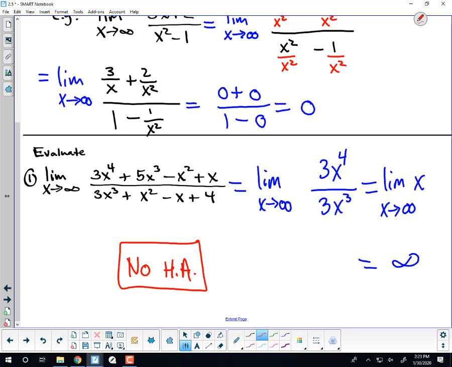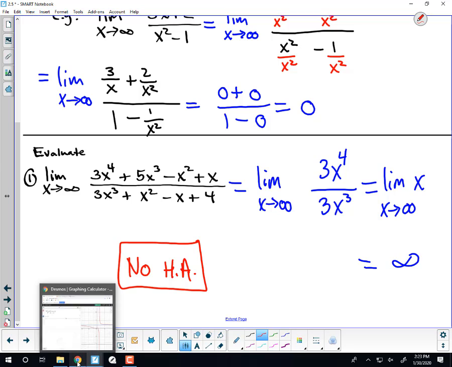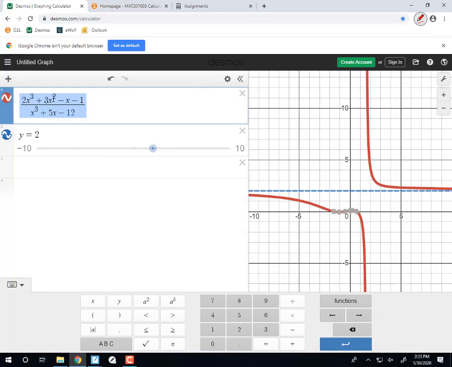So again, if we graph this particular function and zoom out, it's not going to get flat like our previous function did, because it doesn't have a horizontal asymptote. We'll just look at it.